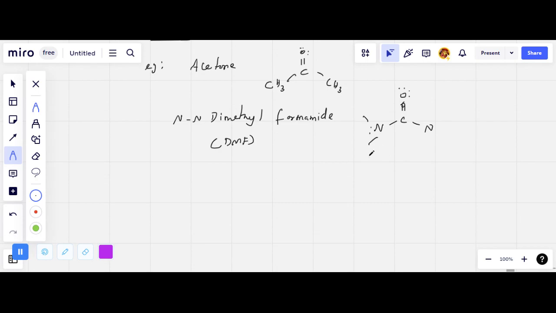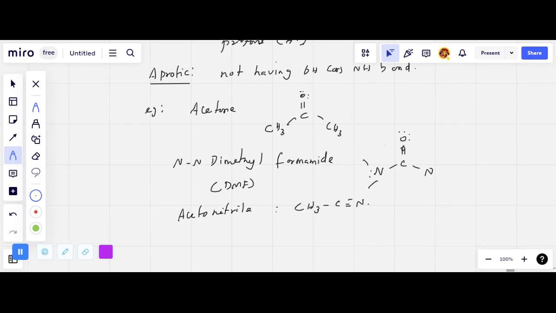Then acetonitrile. That is also one of the polar solvents, but aprotic. C triple bond N. So this is acetonitrile. Okay, so these are aprotic solvents.